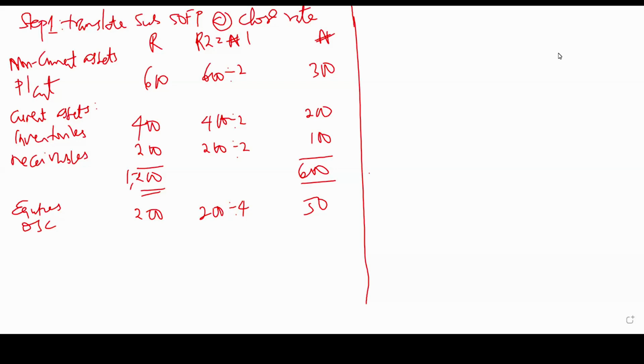So you don't want to create a situation whereby you are translating and there's a mismatch between the pre-acquisition retained earnings that you used in your calculation of goodwill and going forward there's another amount. Let's move on. In this question, if we are assuming that Fredco bought Monaco from inception, then there will be no pre-acquisition retained earnings. Then the whole of the retained earnings here will be a balancing figure.